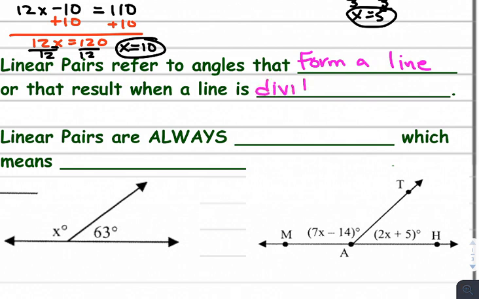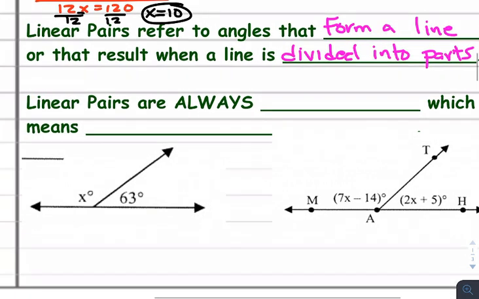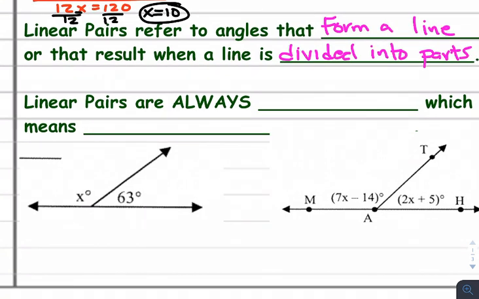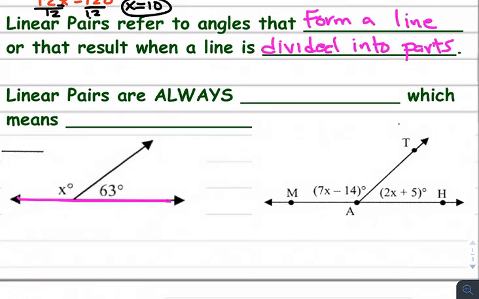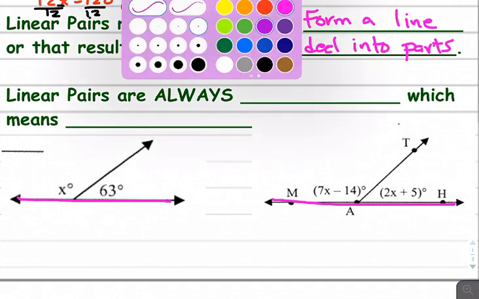Okay. And so if you look at the two examples below, that's exactly what we have going on. We have one line here, also called a straight angle for what it's worth. And that line is now divided into multiple pieces. We have an angle here, and we have a second angle on the other side. Same thing here. We have one angle, two angles.